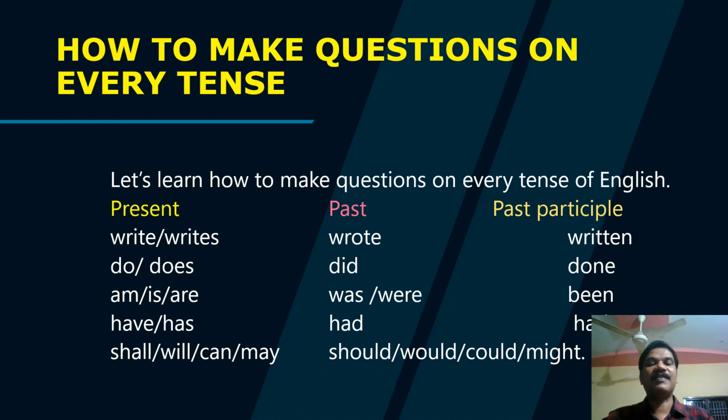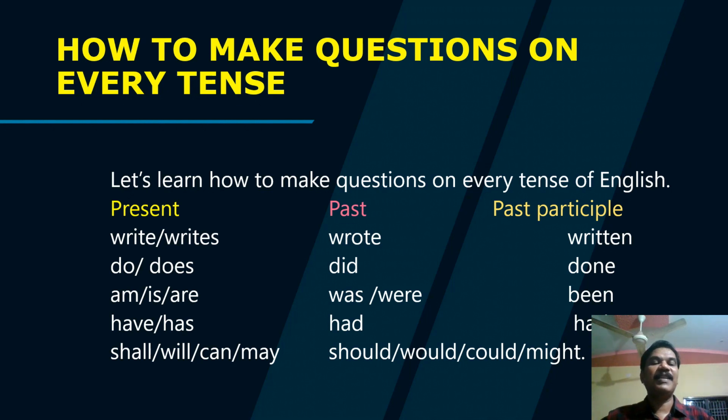If there is s, immediately you should think about does. If there is wrote in past tense, immediately you should think only about did. You should not think about any other word. And written is the past participle. Let's see it later.